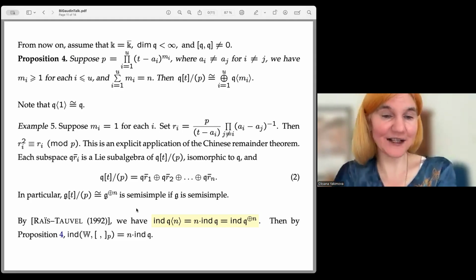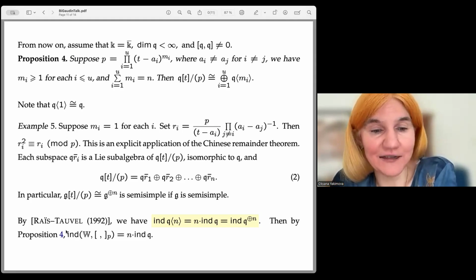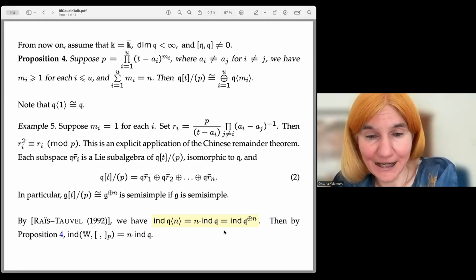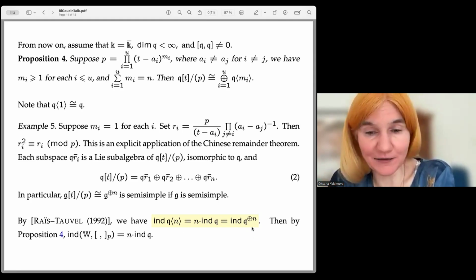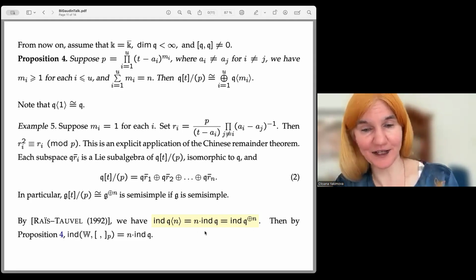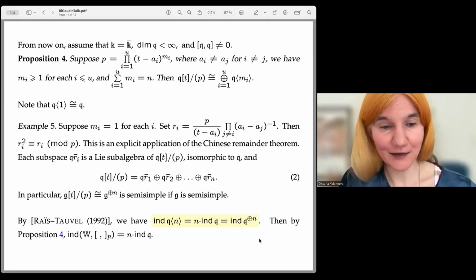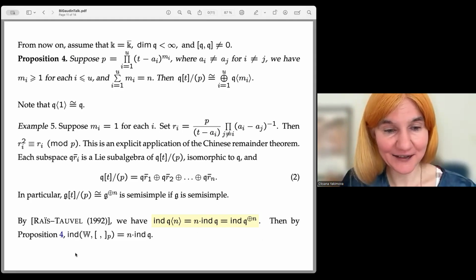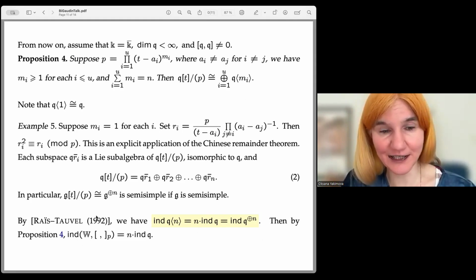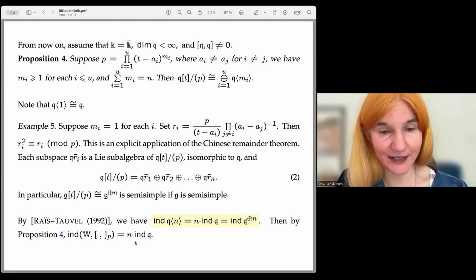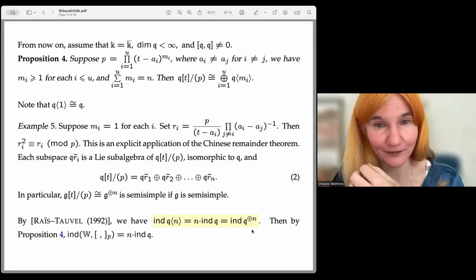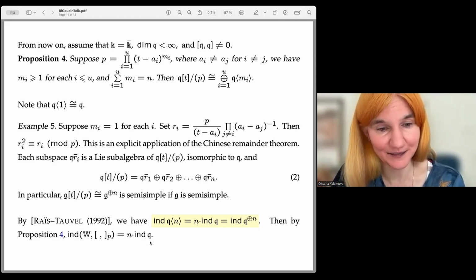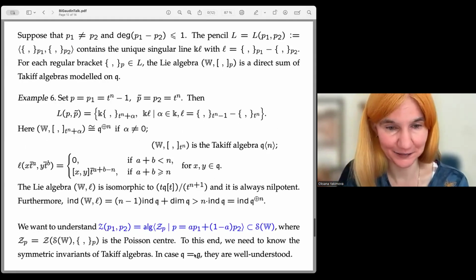And then another thing, an old result of Raïs and Tauvel tells us that the index of a Takiff Lie algebra is the same as the index of the direct sum of n copies of Q, so n times the index of Q. So from this result, we can see that the index of any Lie algebra associated with P is the same as the index of the direct sum of n copies of Q. So for all Lie algebras that appear here, the index is the same.